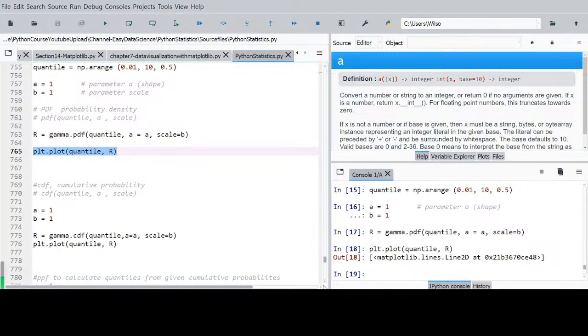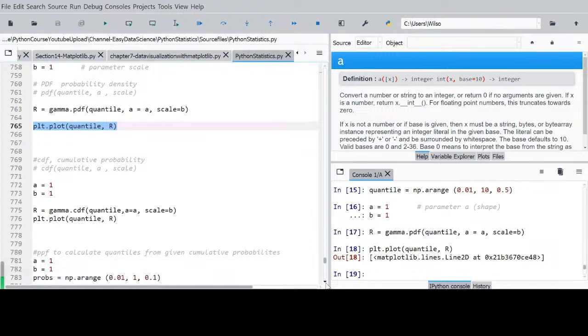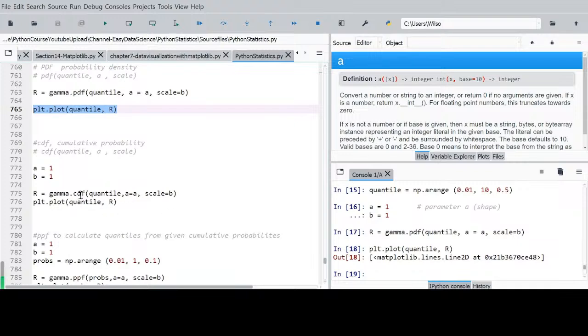Next, the function called gamma.cdf is used to calculate the cumulative probability for a random variable. We also set a and b both equal to 1. Then we use gamma.cdf with the input quantile, which represents the random variables, then a equals a for the shape parameter, scale equals b.